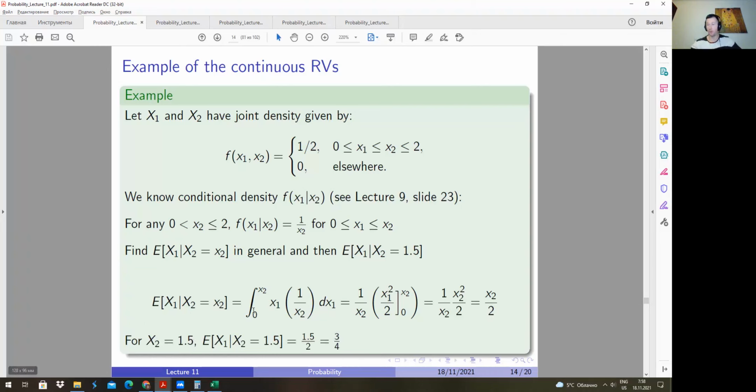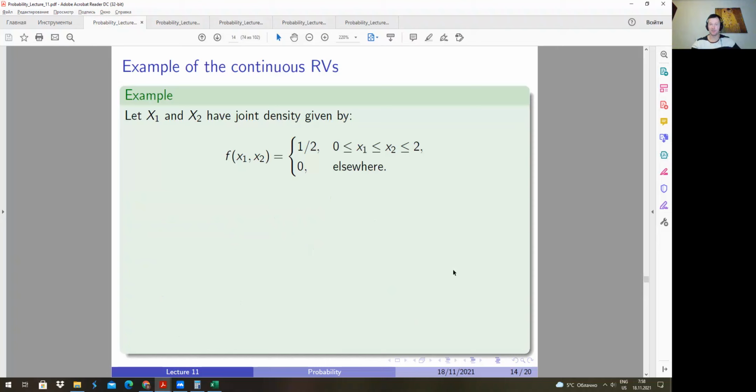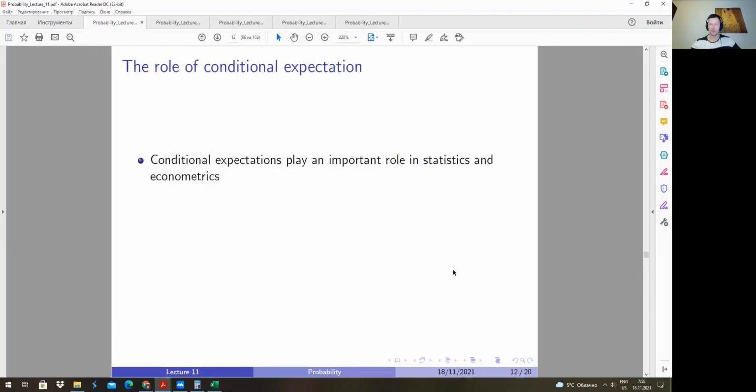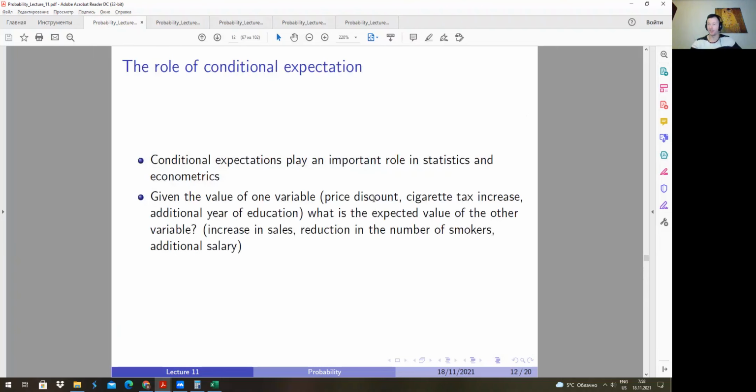So we are going to work with these objects, with the conditional expectations, every week during the econometrics course, because we are going to build these objects based on the data. As I said, tell me the price discount and I will tell you what is the expected volume of sales. Tell me the cigarette tax and I will tell you how many smokers there are.